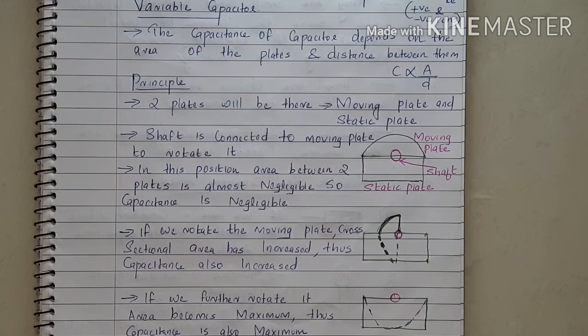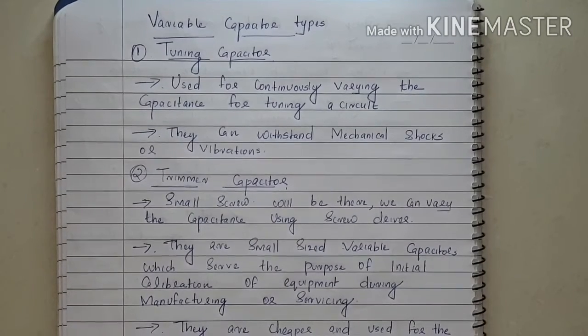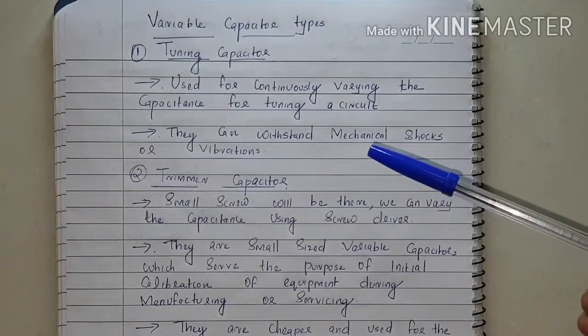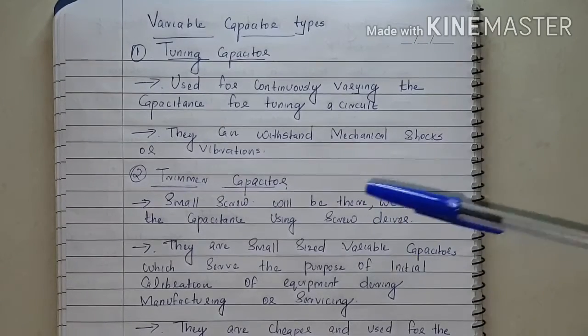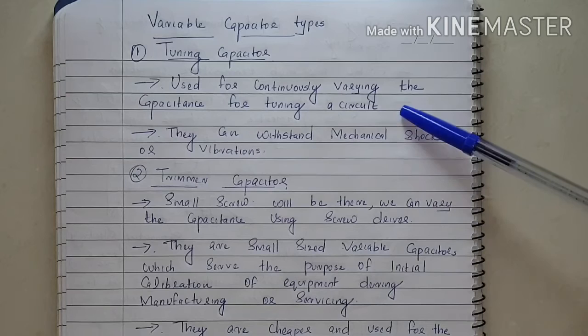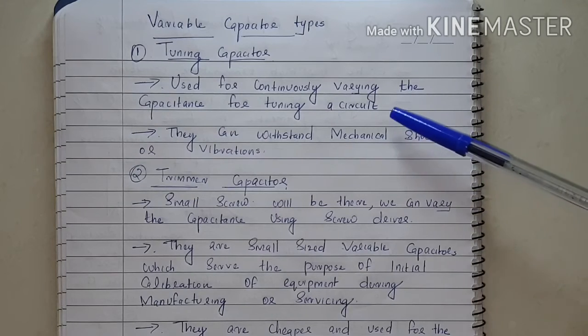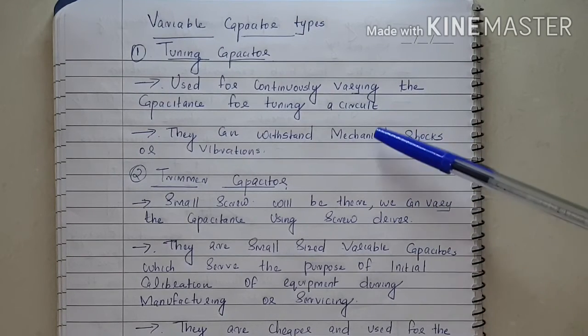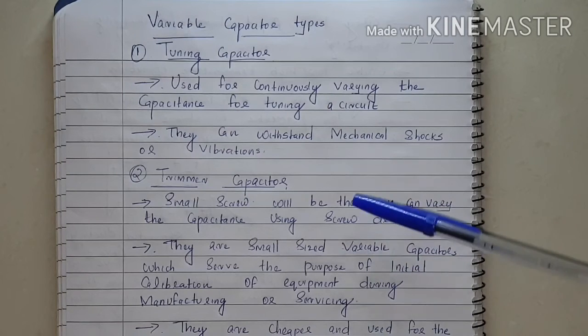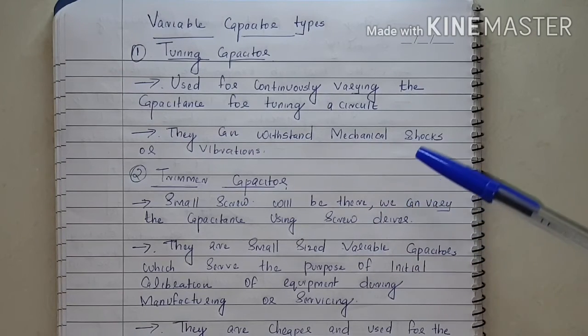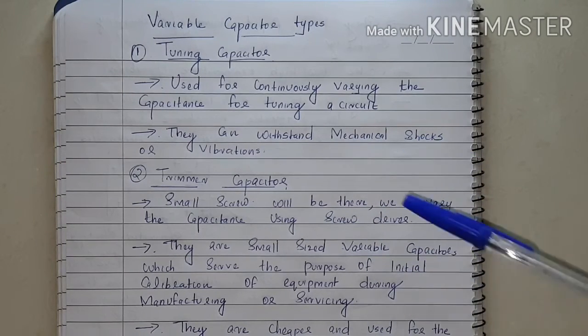This is the principle behind the variable capacitor. The first type of variable capacitor is the tuning capacitor. They are used for continuously varying the capacitance for tuning a circuit, and they can withstand mechanical shocks or vibrations.